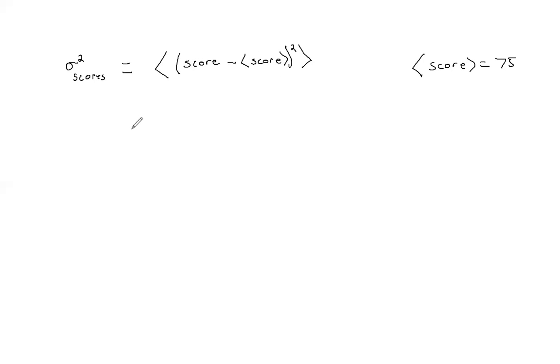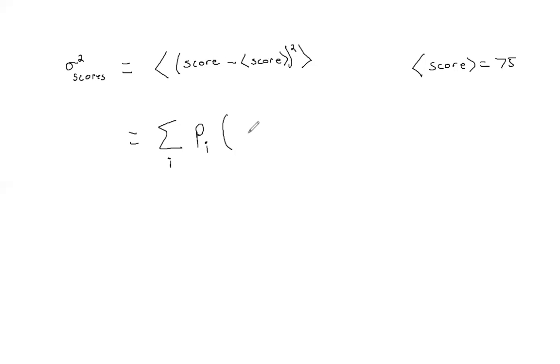Now to calculate the rest of it, well, there's an averaging. So it's going to be the sum over outcomes. And I'm going to write the probability part first here. Times the ith score minus the average score squared.